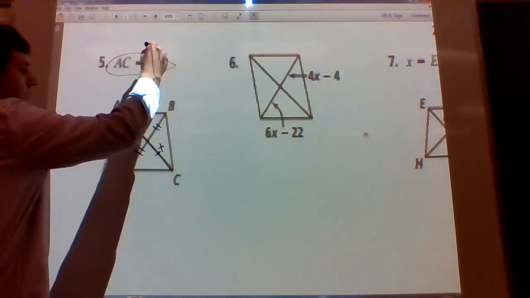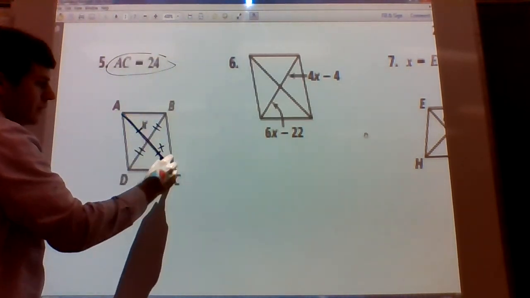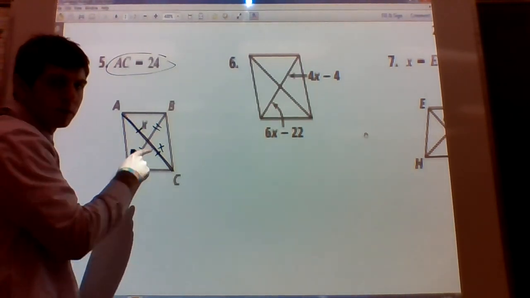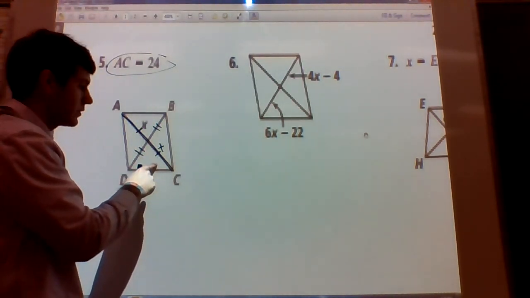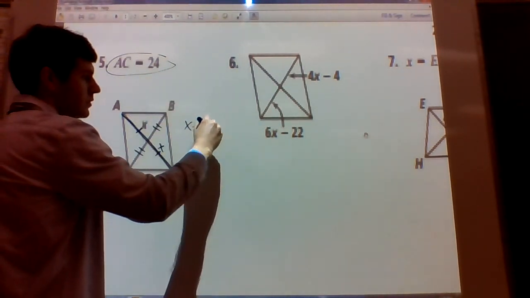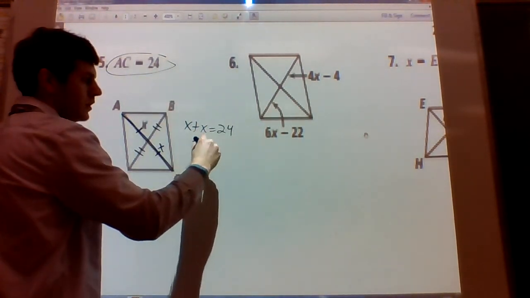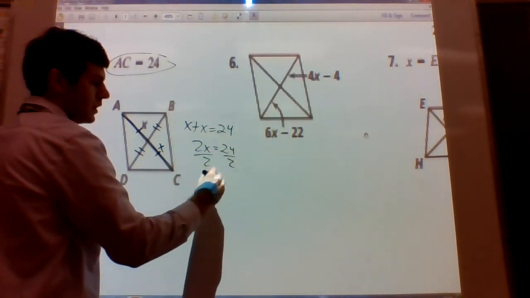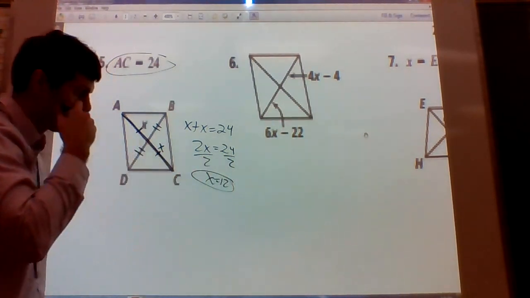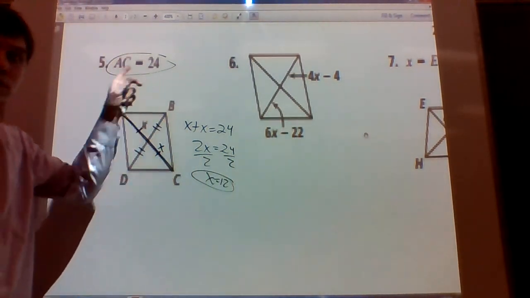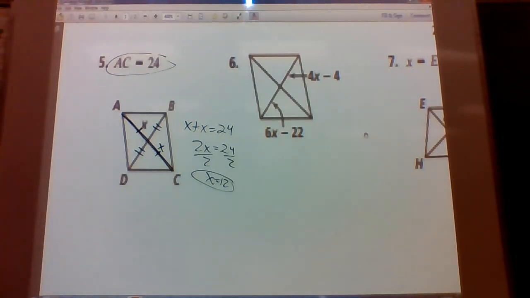Up here, it's telling us AC, which is this whole piece, is 24. So this piece, which is x, plus this piece, which is x, is going to equal the whole thing, which is 24. So x plus x equals 24. 2x equals 24. Divided by 2, x is going to be 12. This piece is 12 and this piece is 12. The whole thing is 24.